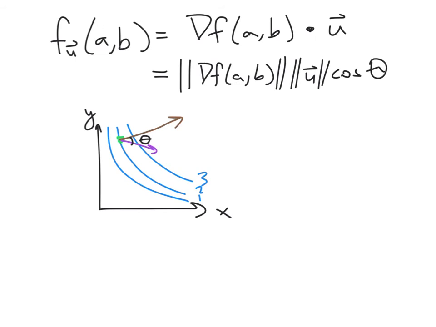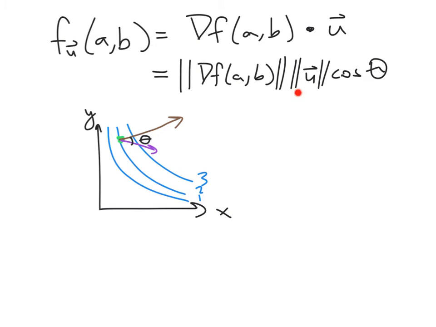We can use the geometric definition of the dot product to think a little bit more about the directional derivative and the gradient. Using this geometric definition, we see that the directional derivative comes from the magnitude of the gradient vector times the magnitude of our direction vector times the cosine of the angle between them.